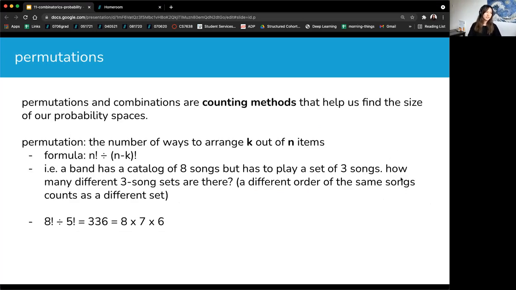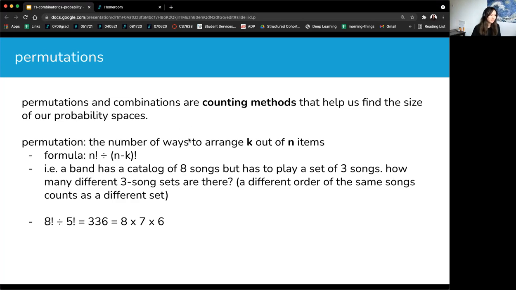From factorials, we talk about permutations, and later we're going to talk about combinations. These are counting methods that help us find the size of our probability spaces. As I mentioned, finding the numbers of ways to arrange or to get a subset of things is going to be important to calculating probabilities.